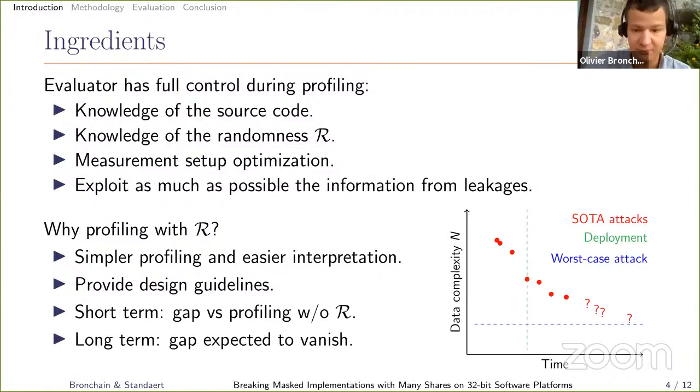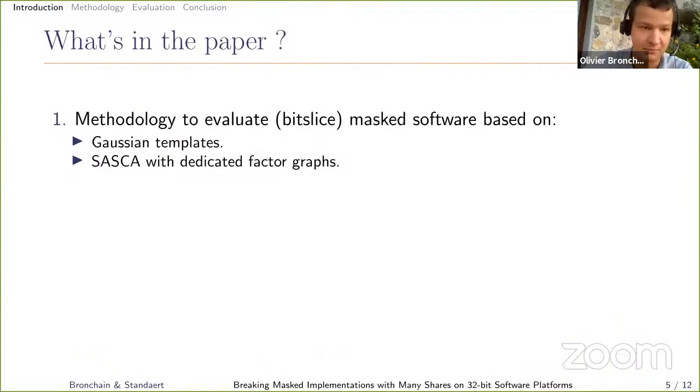Of course, there is some gap between the security level that you have when you deploy the product and the worst-case attack complexity that you evaluate. So in the short term, there is probably a gap, but in the long term, we expect that this gap vanishes because best attacks improve and maybe reach the worst-case attack complexity.